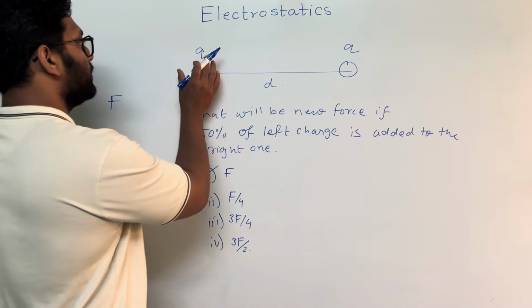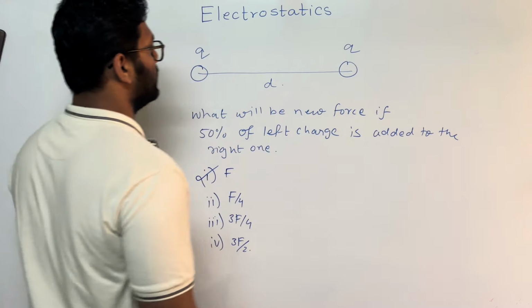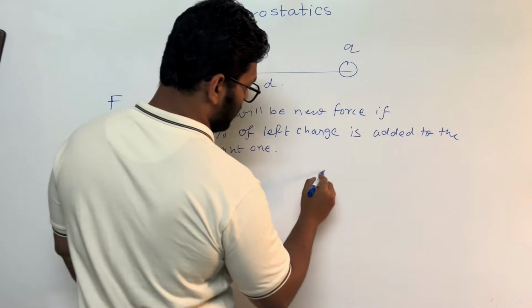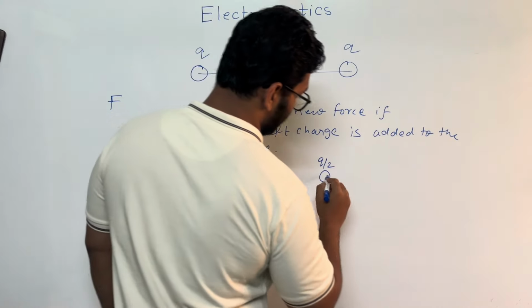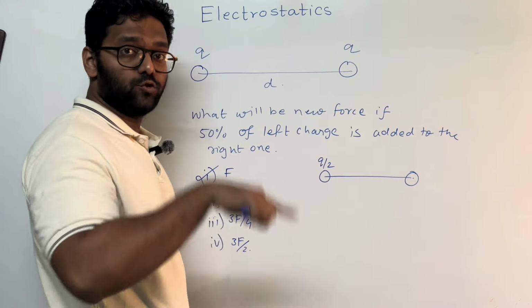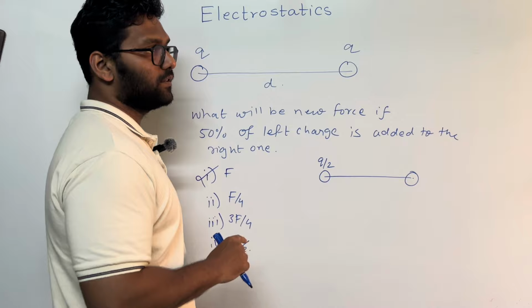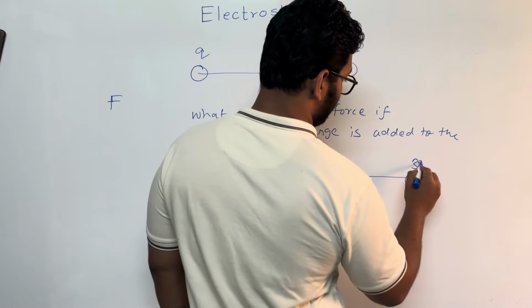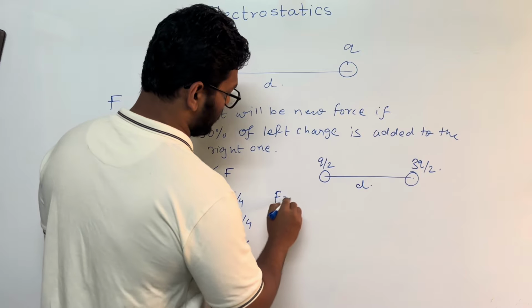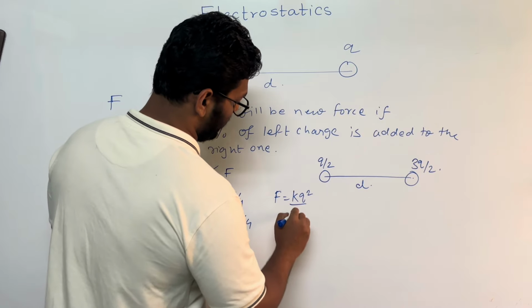See, if 50% of this Q charge is transferred here, 50% of Q is Q by 2, right? So this will become Q by 2, and the other charge is Q plus Q by 2, which is 3Q by 2. Now this is the distance d. Initial force was F equal to KQ square by d square.